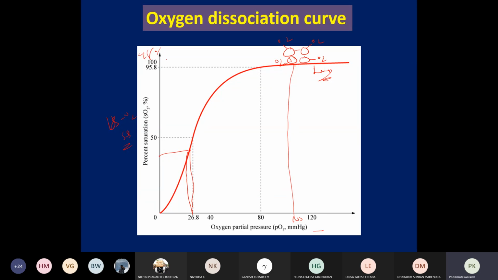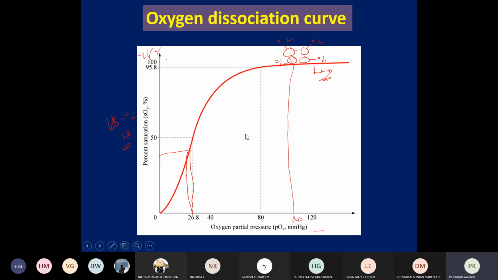This oxygen dissociation curve is useful to understand the cooperative behavior of hemoglobin while it is transporting oxygen. We can also understand in what way hemoglobin is a good cargo to transport oxygen, whereas myoglobin or other non-cooperative proteins are not good vehicles for oxygen transport.